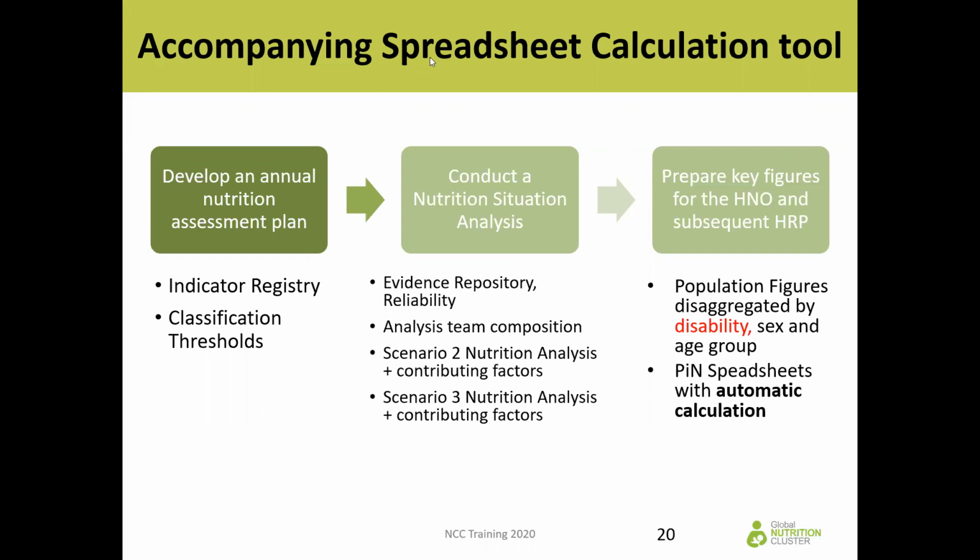So the most important thing is at country level to decide, in terms of available sources, which would be most reliable for collecting that information, and then based on reliability, you would decide what the key sources are to take into account for whatever scenario you may fall in. So in the case of scenario 3 or scenario 2, or even for IPC, I know the colleagues are also looking at a wide range of sources when undertaking an IPC acute malnutrition analysis this year.